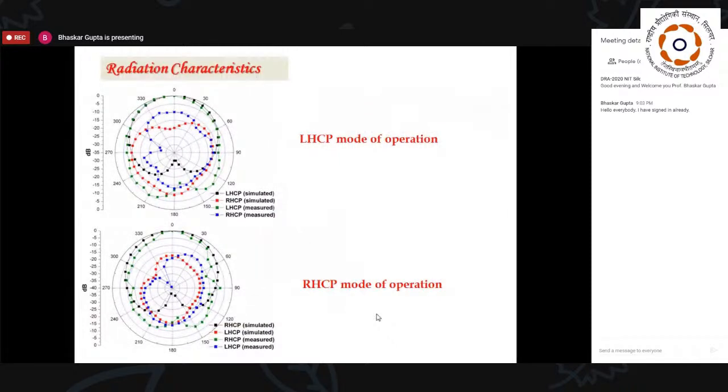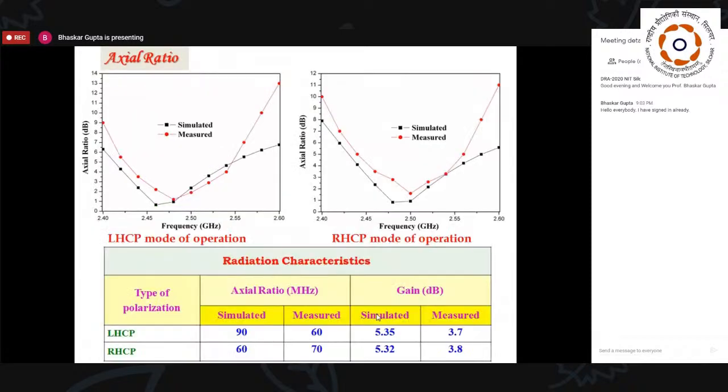We, of course, fabricated and tested both the modes of operation, LHCP and RHCP. Here are the results. So, what do you see? Normal broadband, broadside radiation. Sorry, these are the axial ratio plots, giving you quite some useful axial ratio bandwidth.